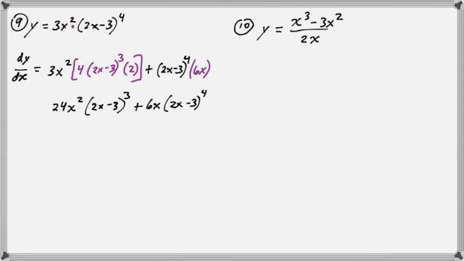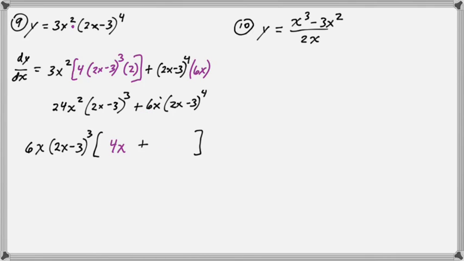Between 24 and 6, you can factor out a 6. X squared and x to the 1st, the smaller power is x to the 1st. 2x minus 3 to the third or the fourth, the smaller is 3. So I have to figure out this times what gives me this. Well, I already have the quantity to the third, so really all I need is 6x times what is 24x squared, which would be 4x. Now on this one over here, you already have the 6x, you just need that to the fourth.